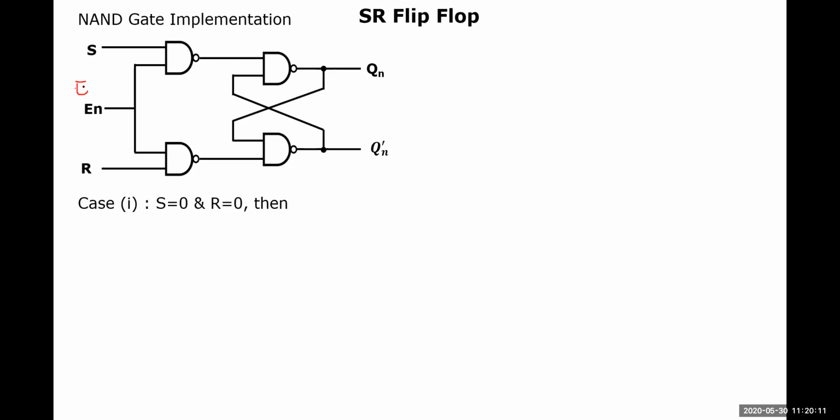If the enable bit is equal to 0, this entire logic diagram cannot work anymore because no electricity is being passed. If it is 0 and here also 0, no data is being transmitted through this logic. Therefore, whatever outputs you have, these outputs are not to be taken into consideration because there is no enable here.